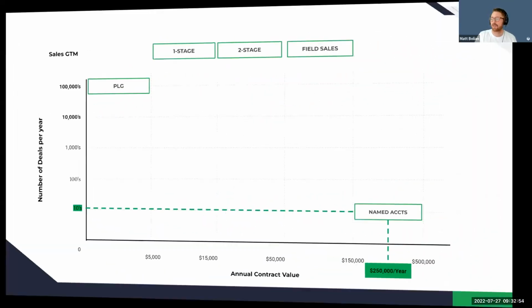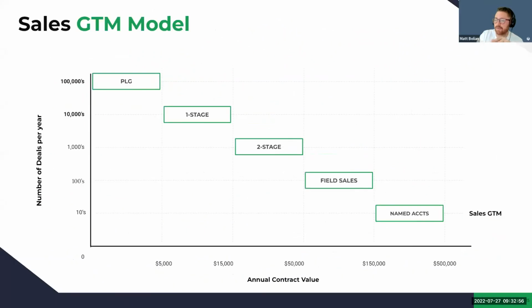So if you put these from left to right, you can see how this all fits: your PLG motion, then one stage, two stage, field sales, named accounts. And you can see where they fit and how they go.